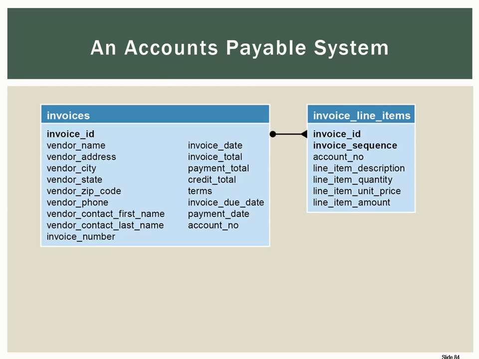Second normal form looks good too because the key of the invoices table is the invoice ID. And the key of the invoice line items table is the invoice ID and the invoice sequence. They're the only possible candidate keys. And so, therefore, second normal form automatically applies.